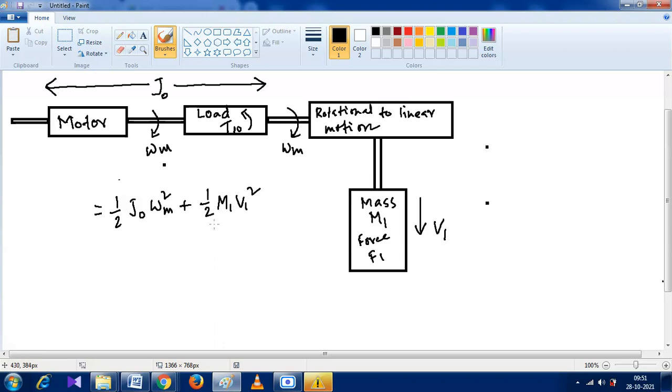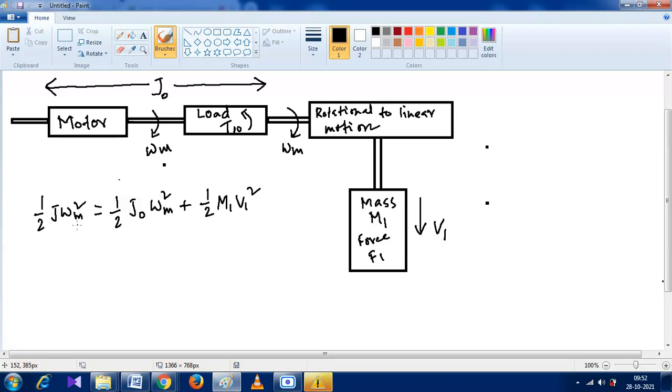If we consider the total moment of inertia of that system is J, we can write the total kinetic energy is equal to half J omega m square.